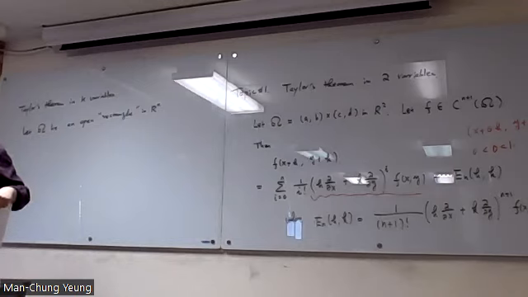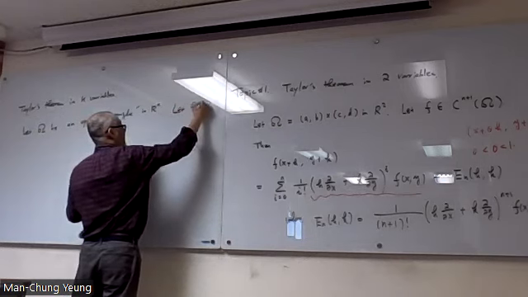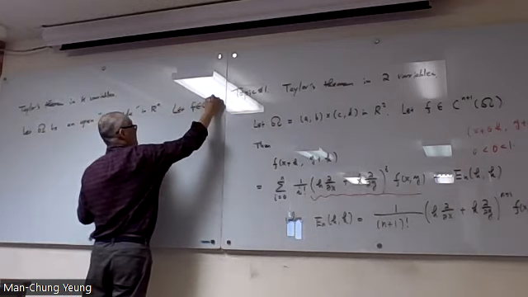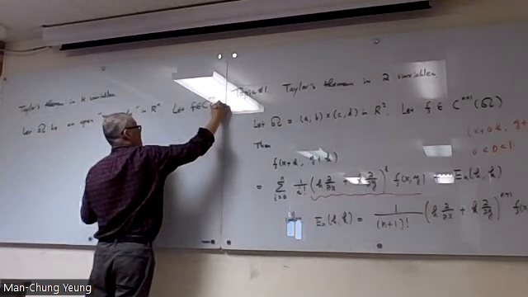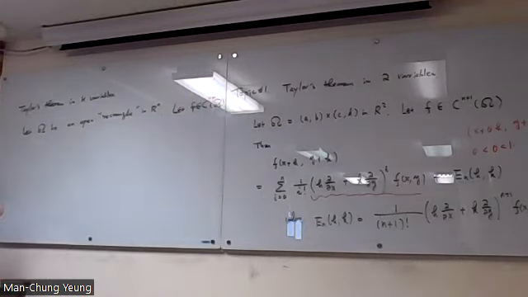In R4, we cannot picture omega. And then let function f be from this set.